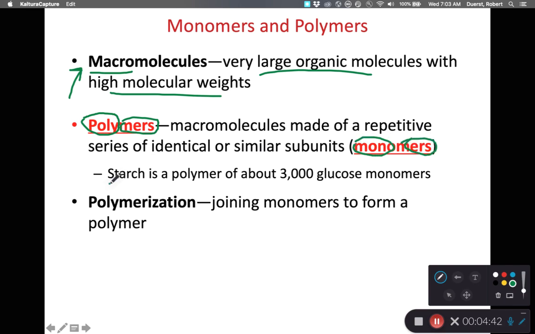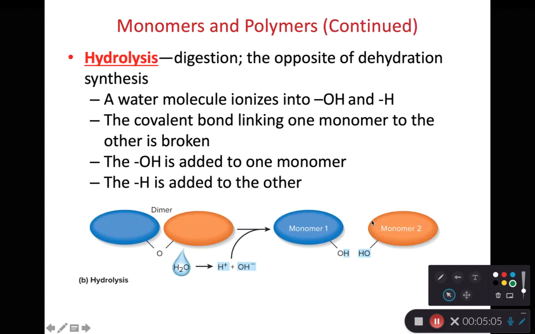Starch is a common polymer, and it's made of many glucose monomers that repeat over and over again. Polymerization is when we take multiple monomers and join them together to make that larger polymer.